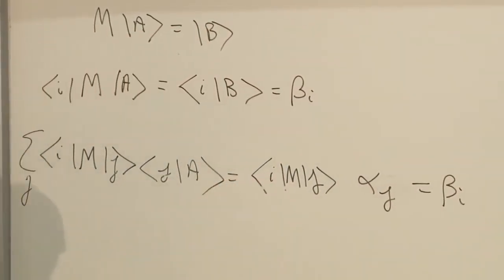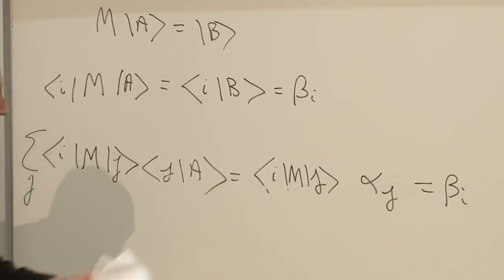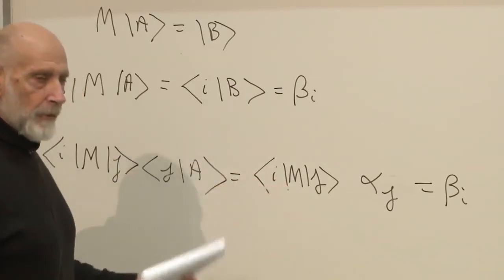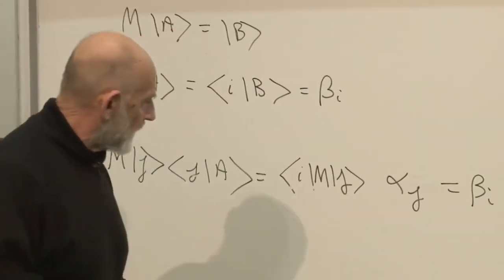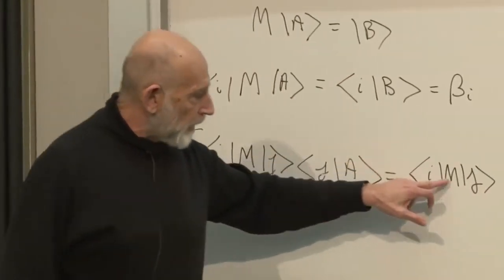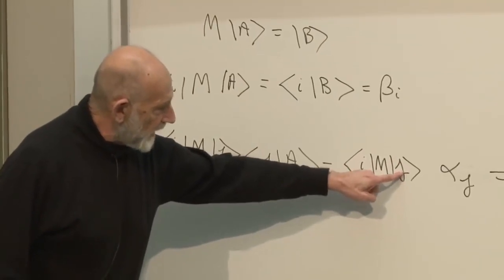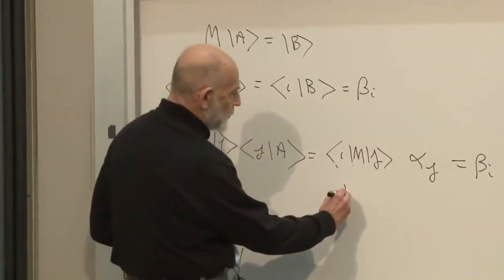So all we have to do is give this object a name. What is this object? I'll tell you again. You have some operator, it's an abstract entity. You have a collection of basis vectors. You apply the abstract operator to the vector j and take its inner product with i and call the thing M_ij.